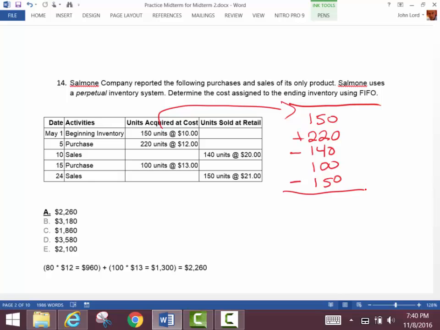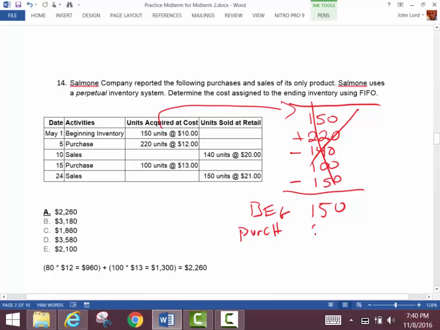Well, I shouldn't have done it quite like this. Okay. Don't do it like that. Beginning is what? 150. And then I start doing the purchases, right? Purchases 220. And then I have another purchase of how much? 100.